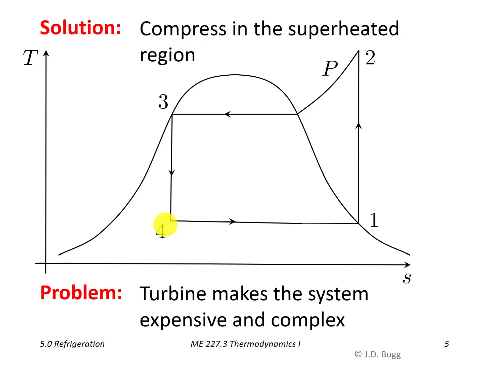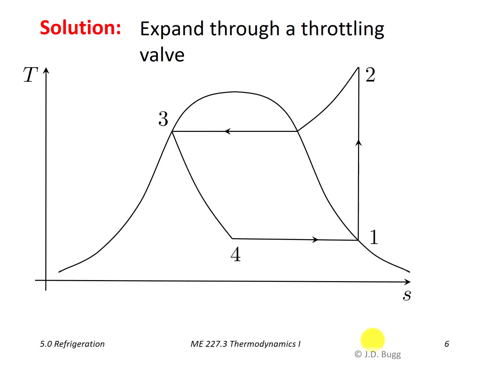So what we do to solve this problem is we expand through a throttling valve instead. So the turbine in our initial schematic is replaced with just a simple throttling valve. Now, through a throttling valve, there is an increase in entropy. So rather than this being a vertical line, it now drifts off to the right as we go through the throttling valve.